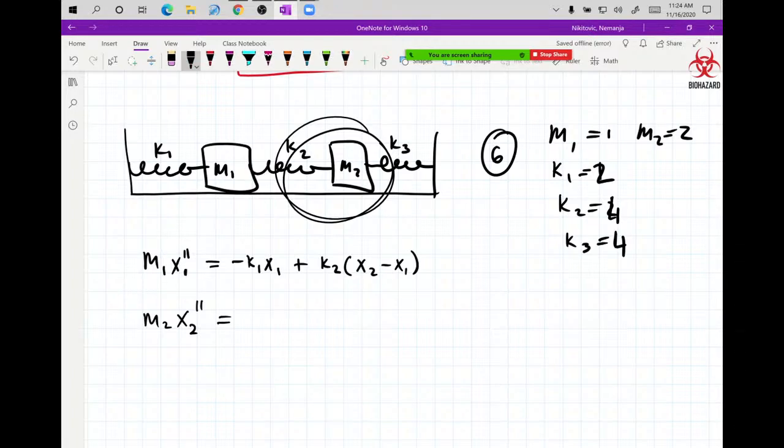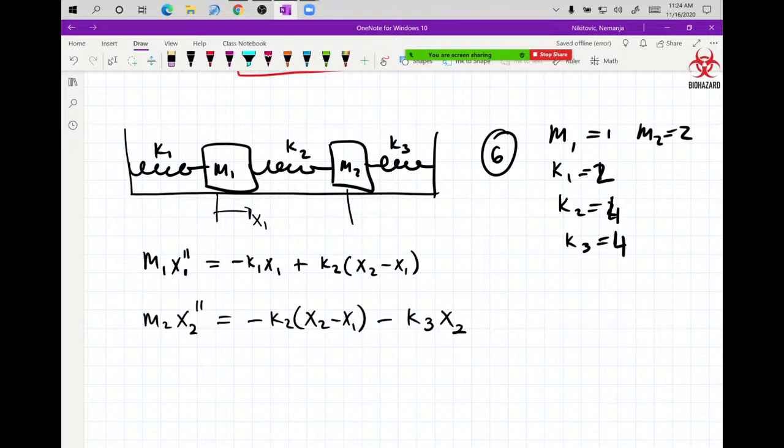All right, so this one is negative K2 x2 minus x1 because it is impacted by the oscillation of M1. And then we have minus K3 x2, which is the displacement, right? Because the first one has the displacement of x1. The second one has displacement of x2.